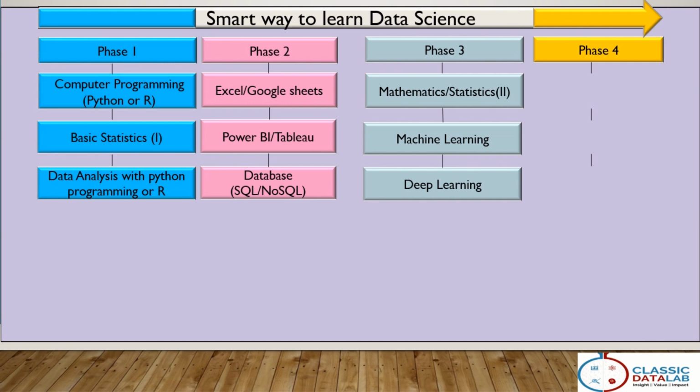Under machine learning, try and know the different types of machine learning. The common ones include supervised learning, unsupervised learning, and reinforcement learning. Most likely, you concentrate on supervised learning and unsupervised learning. Under supervised learning, understand the difference between classification and regression, right?